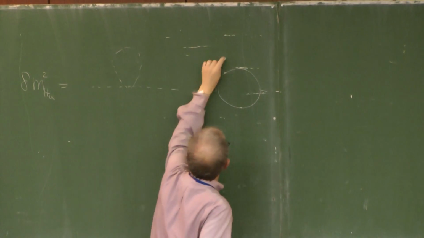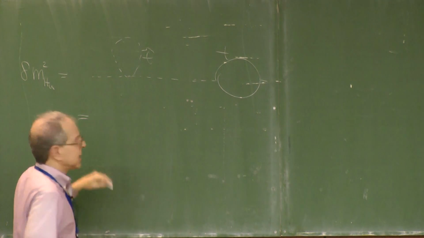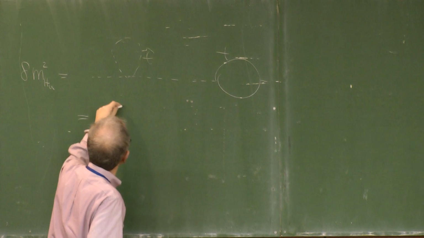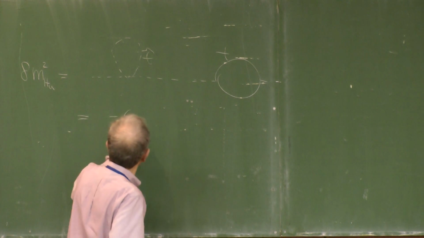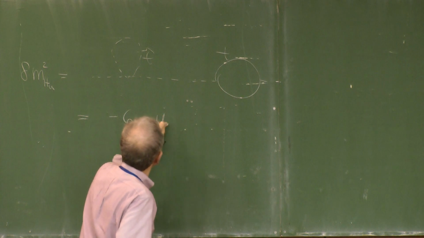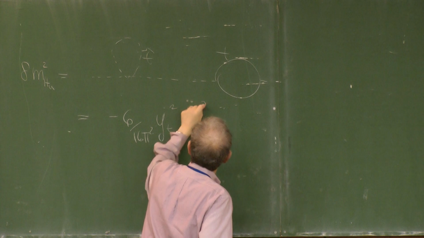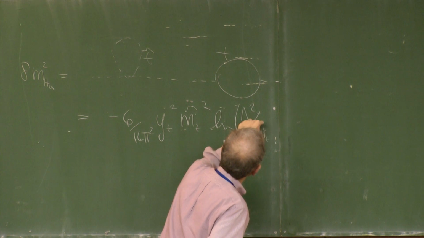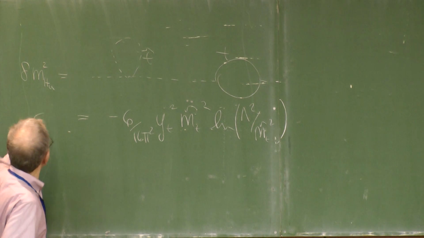Here might be the top, here might be the stop. This diagram you can also evaluate easily, and you find that you get -6 over 16 pi squared, yt squared, mt twiddle squared, and a log. So this is delta MHU squared.